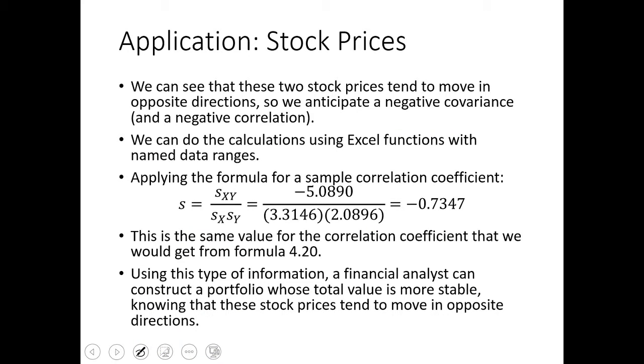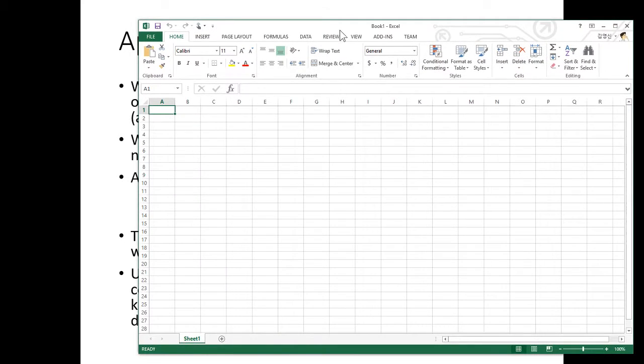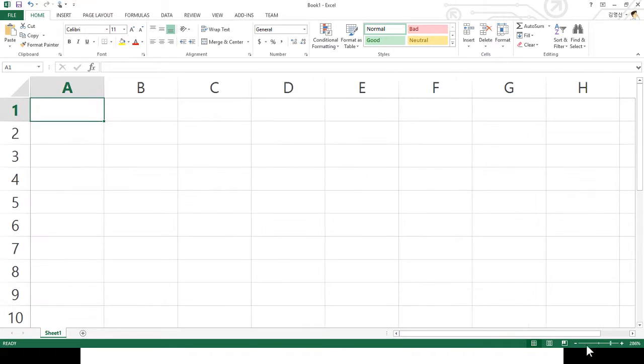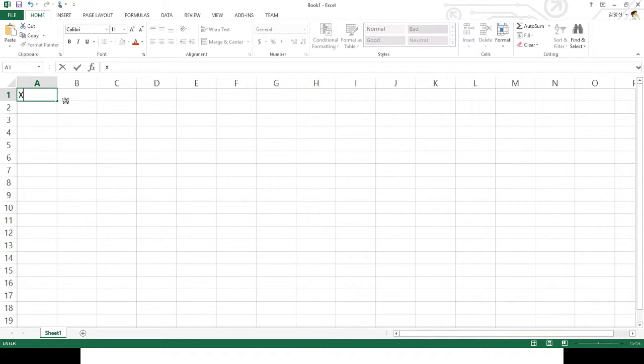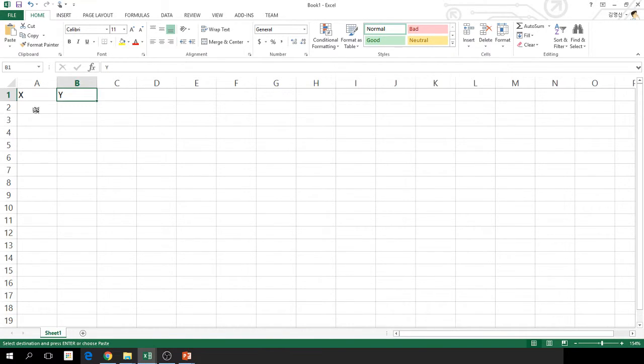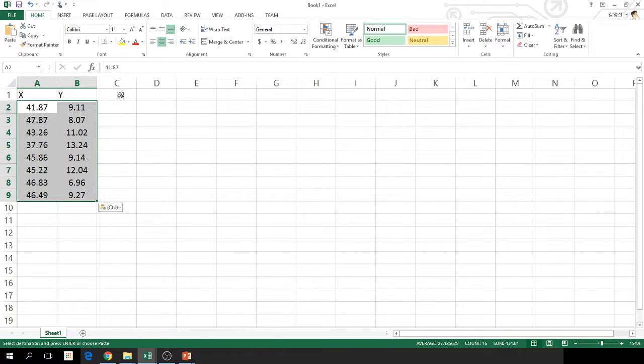We had better use Excel to calculate this correlation coefficient. Wait for a moment, please. I will open a new Excel file and we will discuss it together. Okay. So the stock X and stock Y closing prices are here.